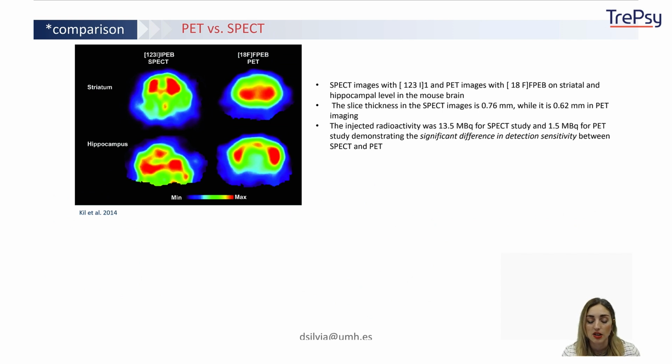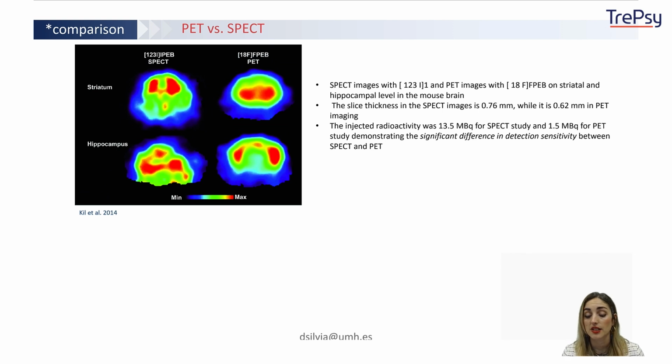And finally, the comparison between PET and SPECT. I already said a few things, but I found this paper which is quite interesting because it's looking at the same molecular target but with a tracer based on SPECT and a tracer based on PET.